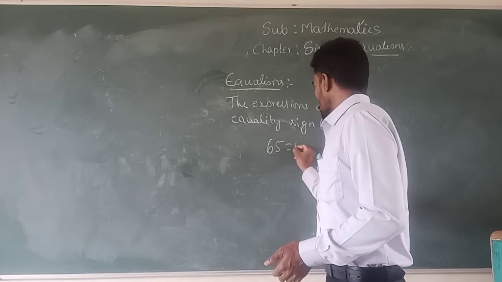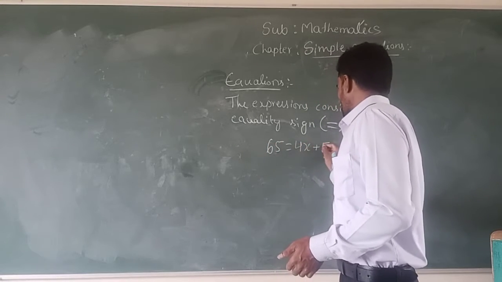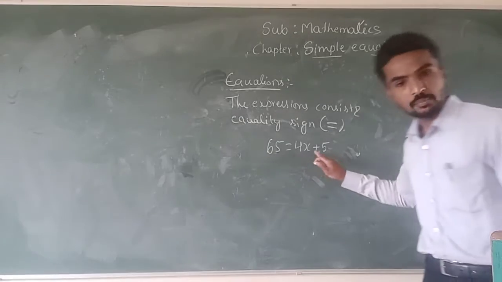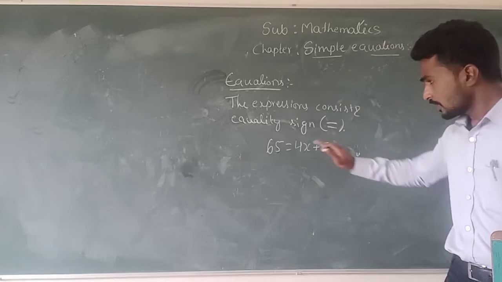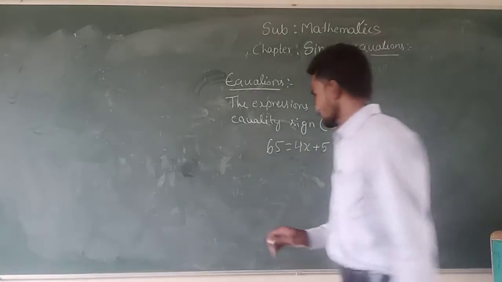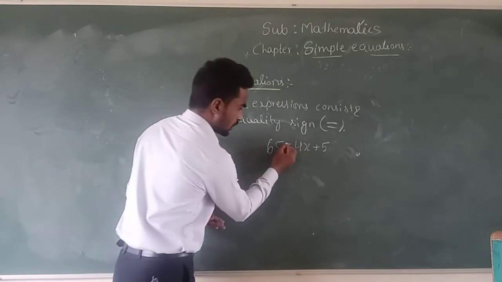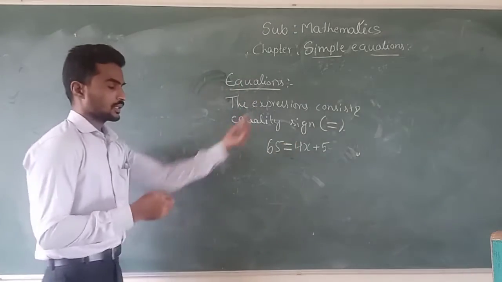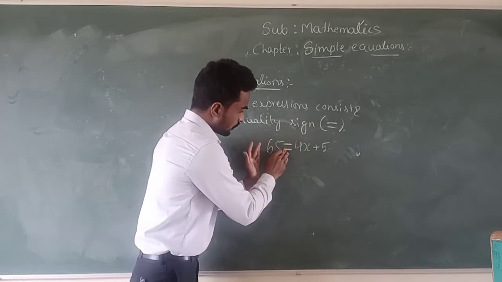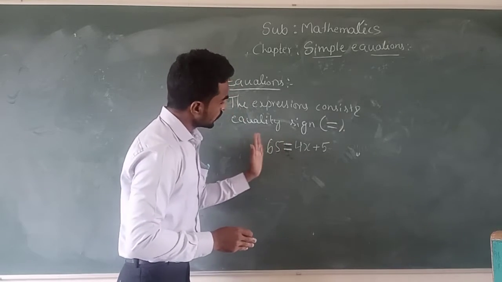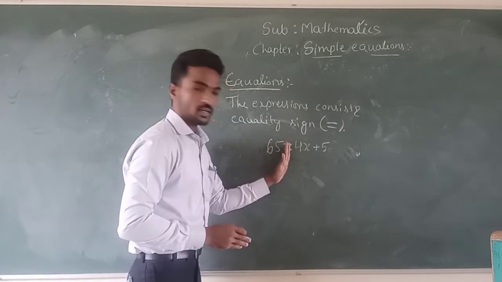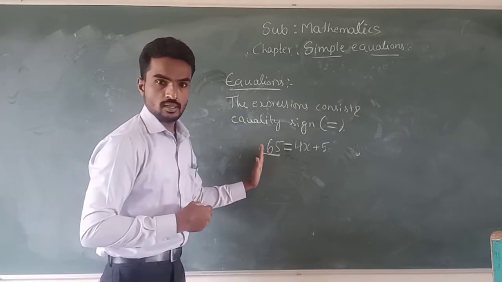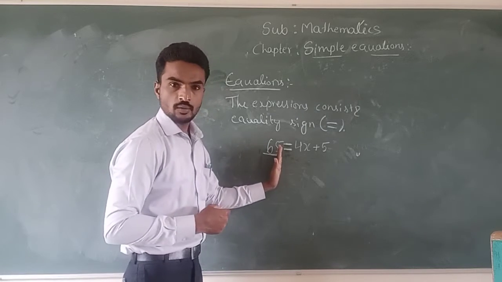65 is equal to 4x plus 5. In this equation, the equality symbol is there. The expression to the left of this equality sign is the LHS of the equation.